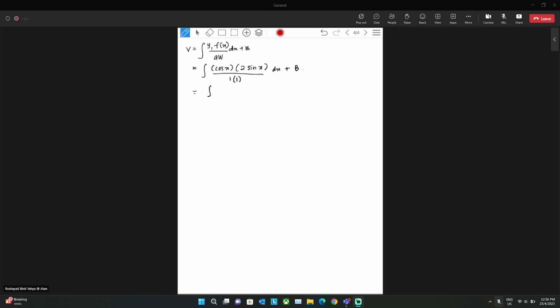So integration of cos x sine x dx plus b.